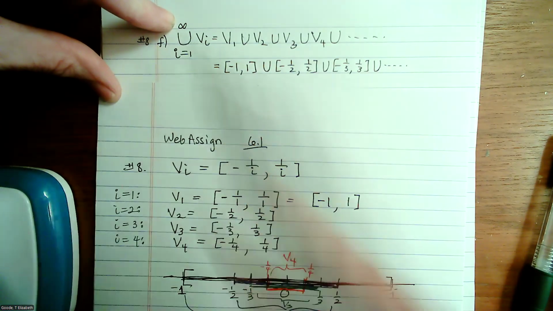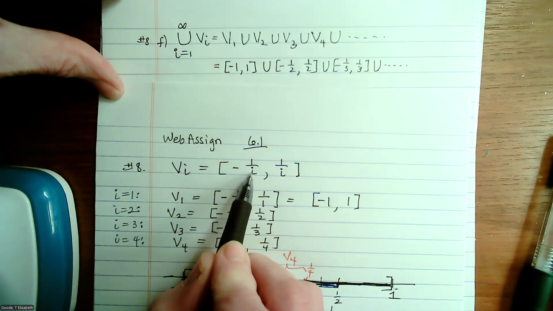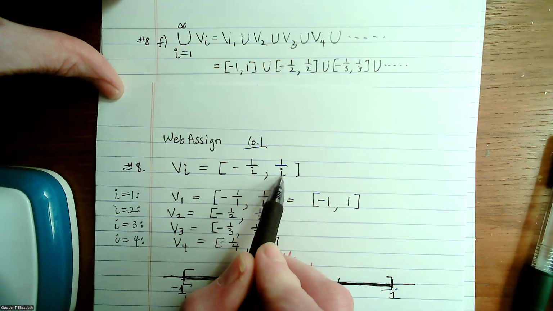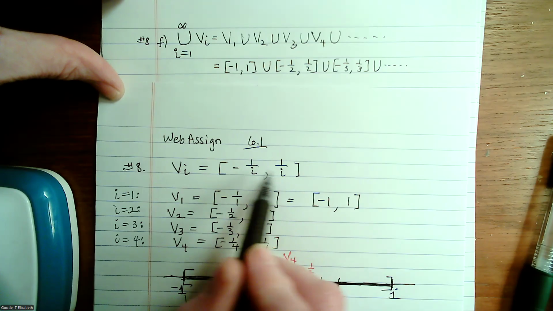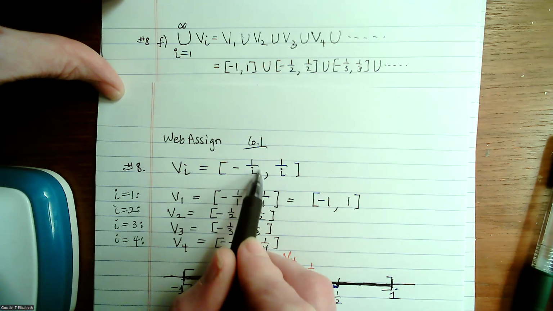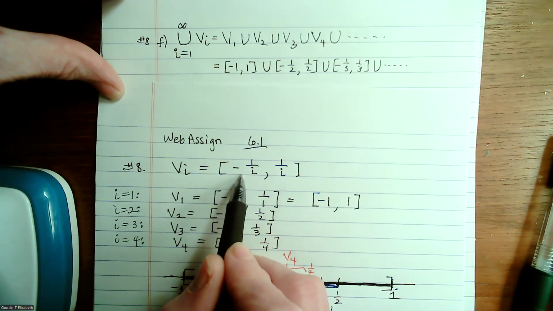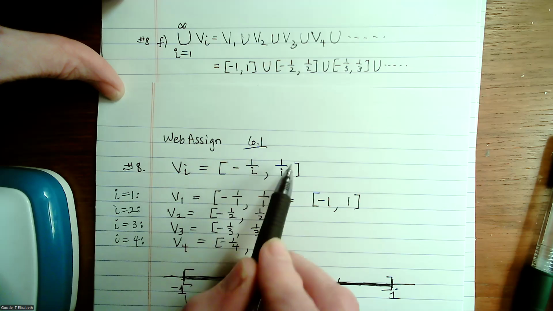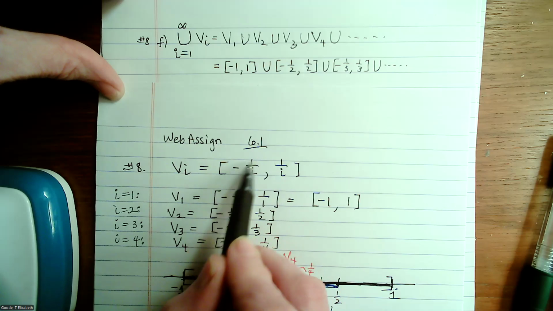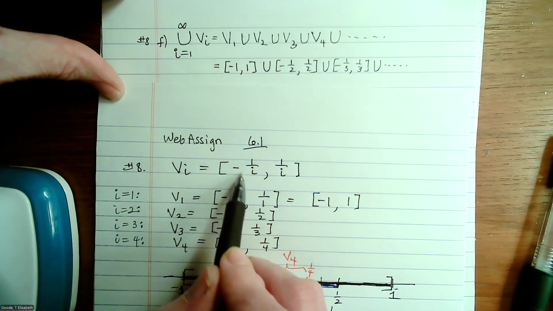If you wanted to think about what it means to plug infinity in for the i here and infinity in for the i here, what's happening is we're saying i gets huge. i just gets bigger and bigger and bigger. So in fact, we're dividing 1 or -1 by a huge number.